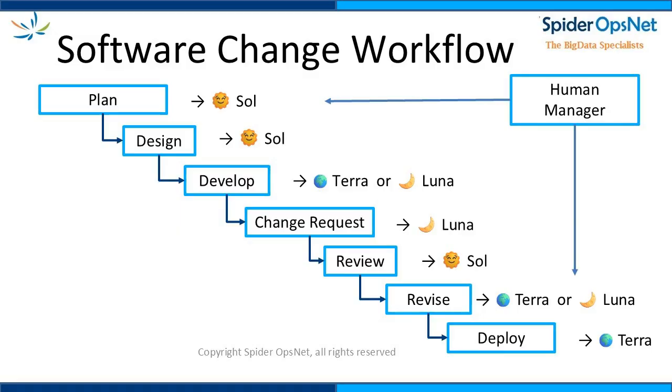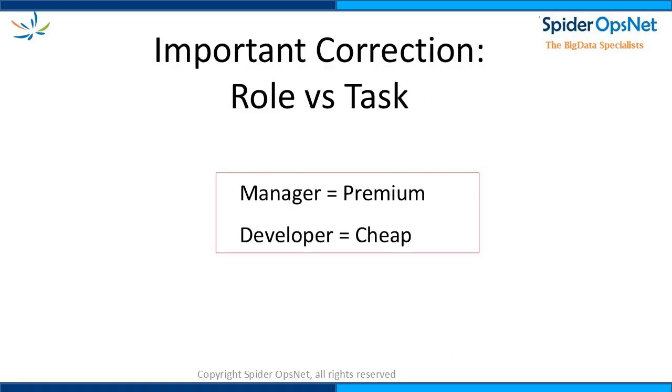Notice that the premium model is used at decision points and quality gates, not continuously throughout the workflow. That is the key for saving costs. This distinction is important. It would be misleading to say that managers always use premium models, while developers always use cheaper models.